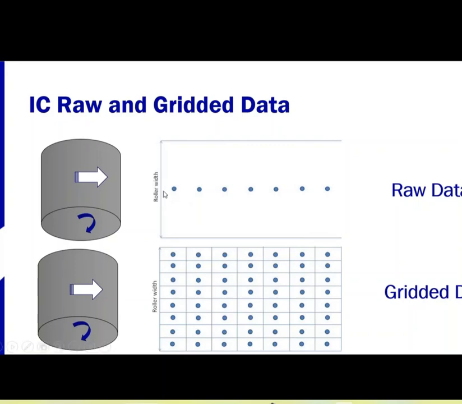You can see the dropping of the circles on the top row is the raw, so-called ungridded data. Most of the maps you see from the IC vendors' displays are the bottom, which is the processed, so-called gridded data. They were gridded, duplicating the one circle of data across the drum, typically on a 1 foot by 1 foot grid.